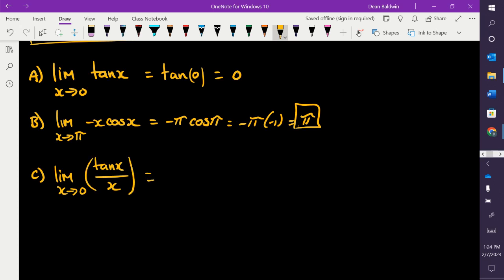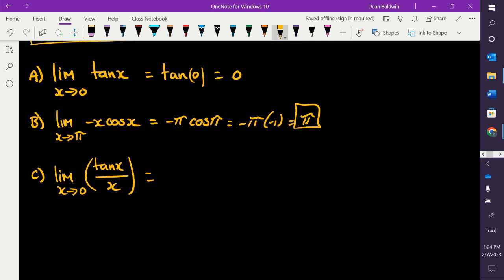The limit as x goes to 0 of tan x over x. Can you plug in 0? No, because then you're dividing by 0 and everything goes wonky. But as we remember from our Math 12 days, what does tan equal?